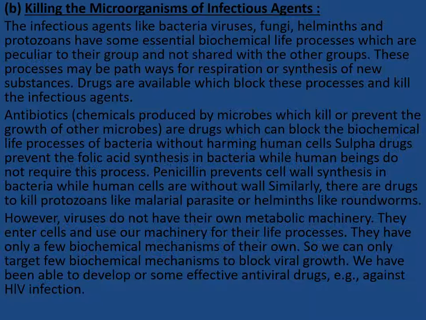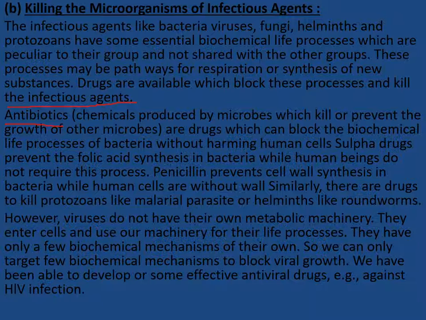Drugs are available which block these processes and kill the infectious agent, and we have a lot of drugs. Because of this medicine, we block their respiratory process or their reproduction process, right? Now, what are drugs in here? The antibiotics. I think you already learned in class 8, right?